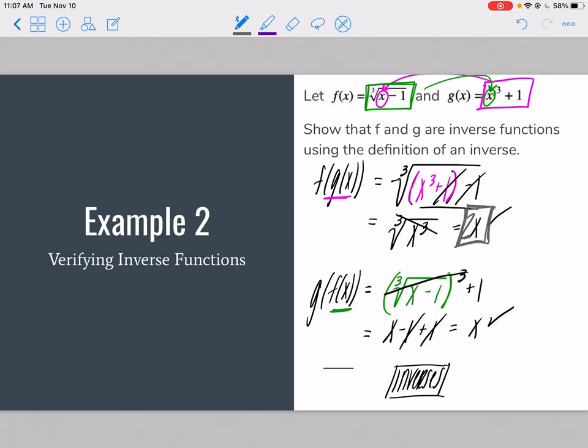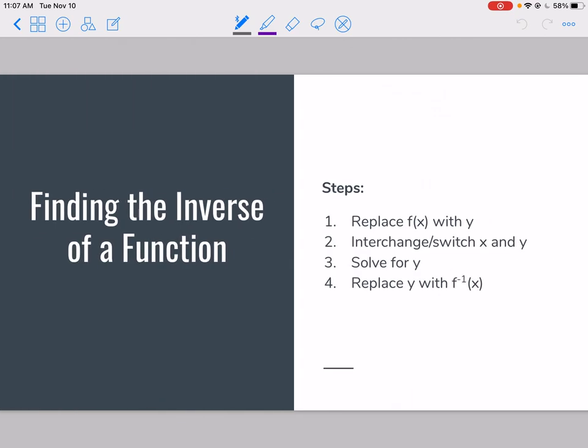So if you get anything other than x, even if I got a 2x for this and a 2x for this, it doesn't matter if they match, or if I got an x plus 1 for one of them and an x plus 1 for the other one. Even if they are the same expression, if they're anything other than x, they are not inverses. So just be careful on that.